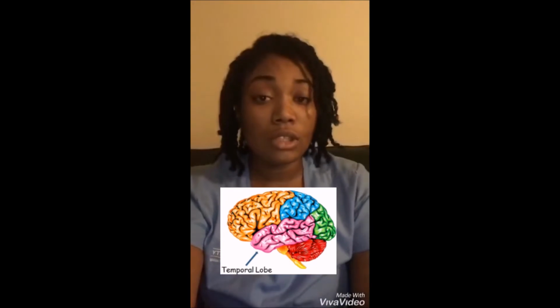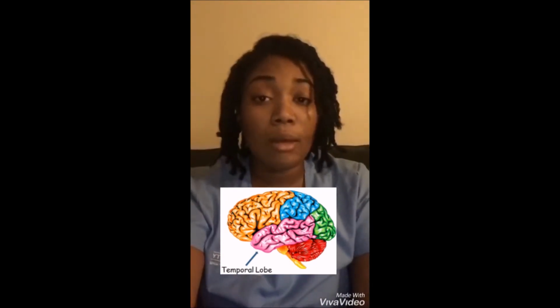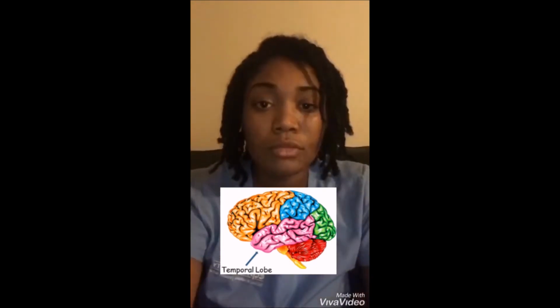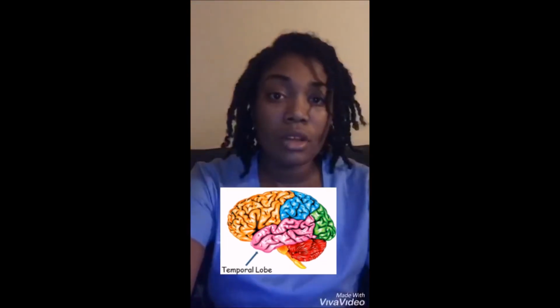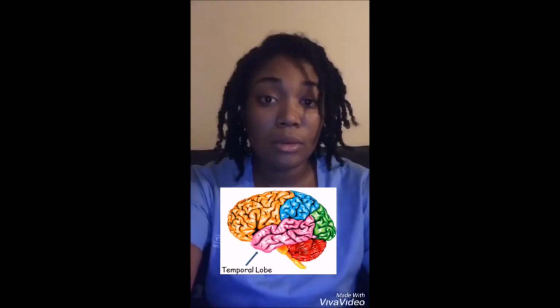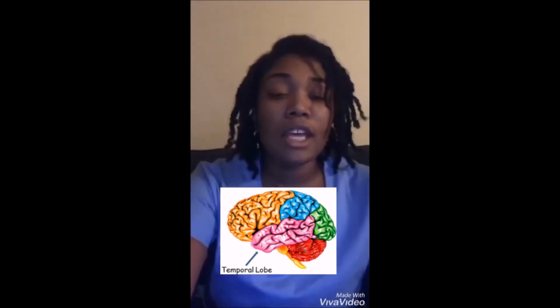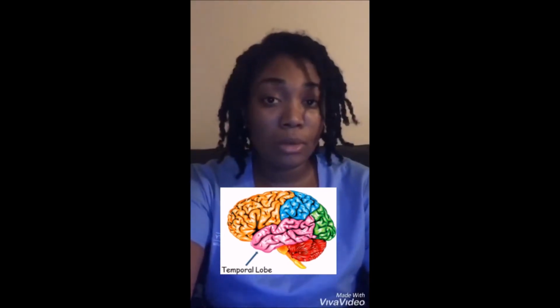Damage to the temporal lobe includes memory problems, difficulties understanding language, and problems maintaining emotional control. Strokes and seizures have a huge impact on the temporal lobe, causing inability to understand language or to speak properly, as well as difficulty hearing and perceiving sound.